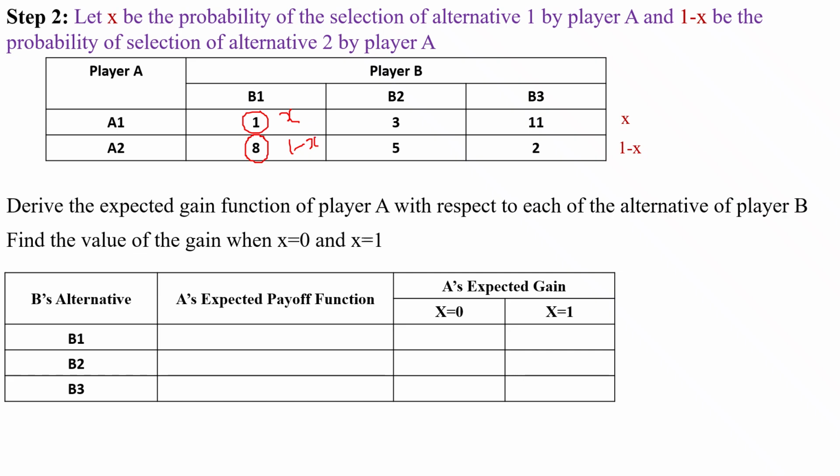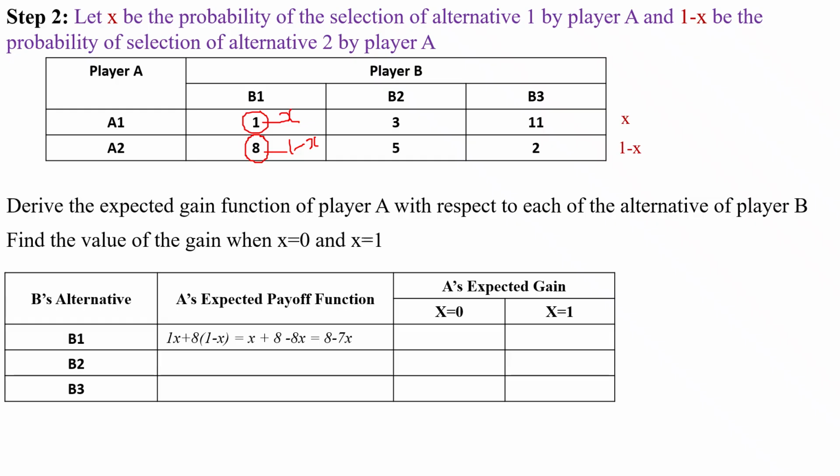Now we write down A's expected payoff function: 1 into x plus 8 into 1 minus x, that is x plus 8 minus 8x. So this becomes 8 minus 7x.